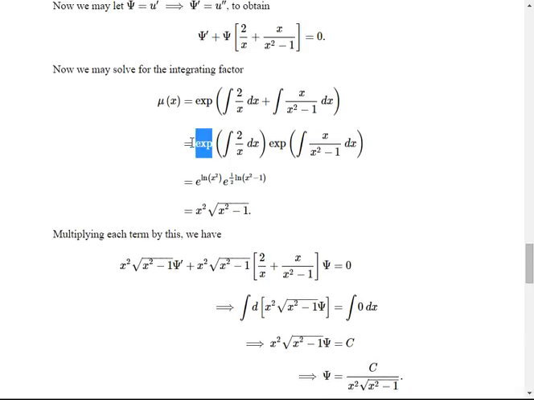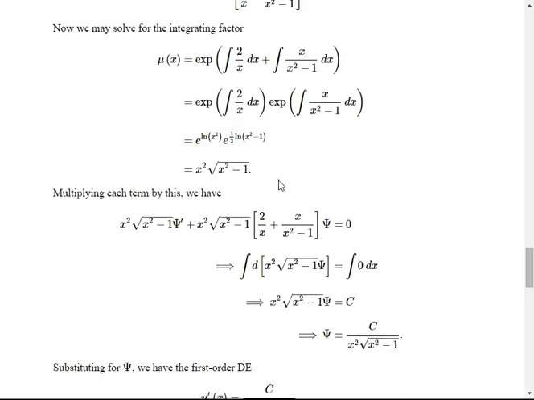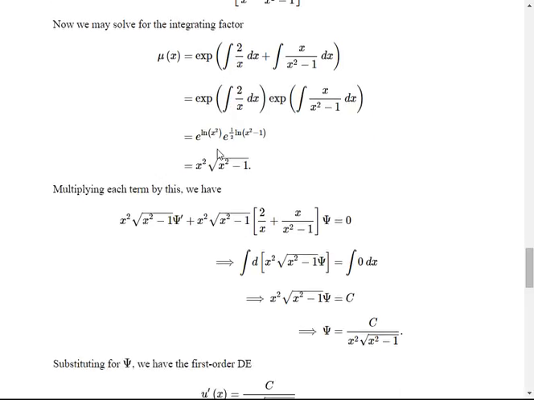A note on notation: this exp is just to bring the exponent down so that it's like an inline equation, and so the integral isn't scrunched up there in the exponent. It just makes everything a bit clearer. The antiderivative of 2 over x is the natural log of x squared, and the antiderivative of x over x squared minus 1 is 1/2 natural log of x squared minus 1.